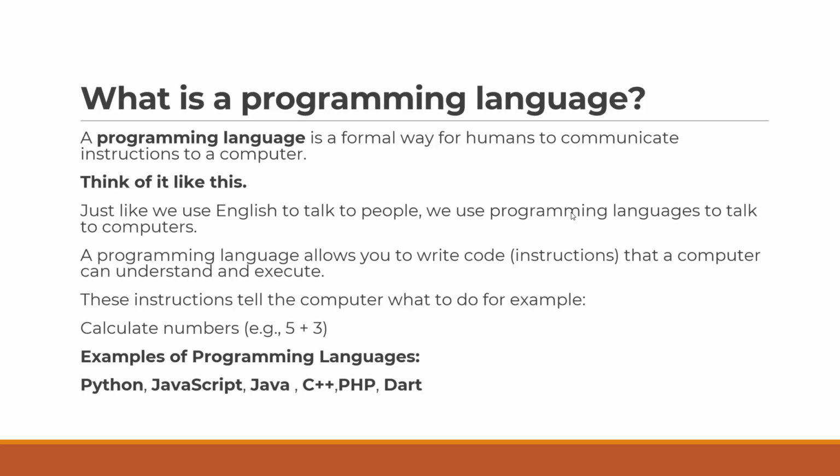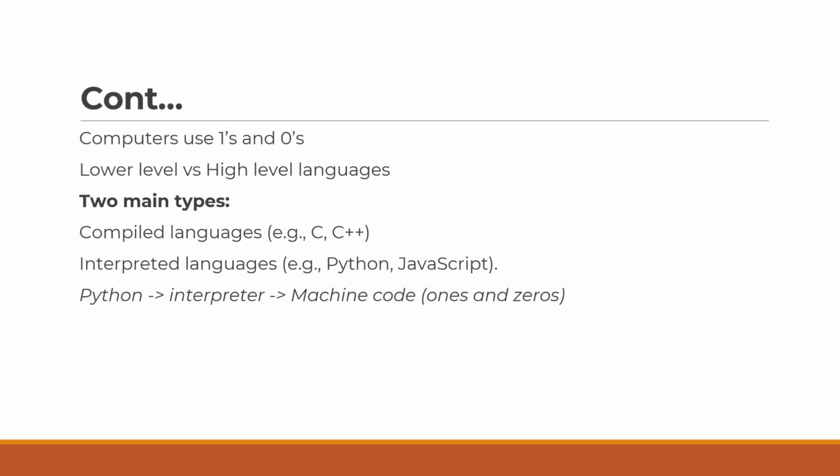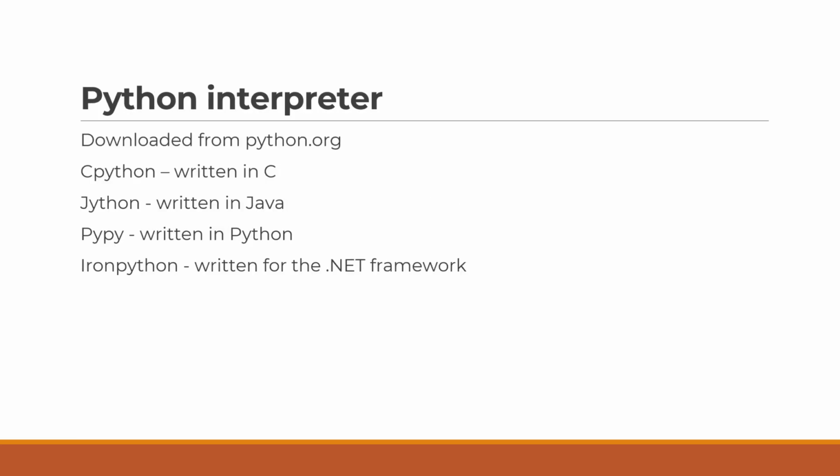So that is where we are: Python has an interpreter. The interpreter is the software that interprets the Python code you are writing into machine code. The reason we have an interpreter is that the computer does not understand your English. It does not understand Lusoga. It does not understand any language you're speaking.